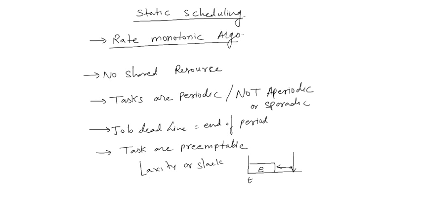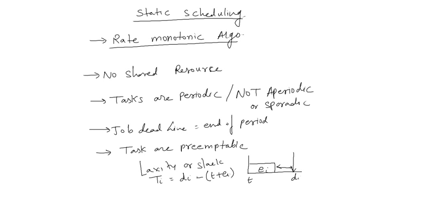For task i, the execution time is Ei and the deadline is Di. The laxity is defined as Di minus (T plus Ei), where T is the starting time and Ei is the execution time.